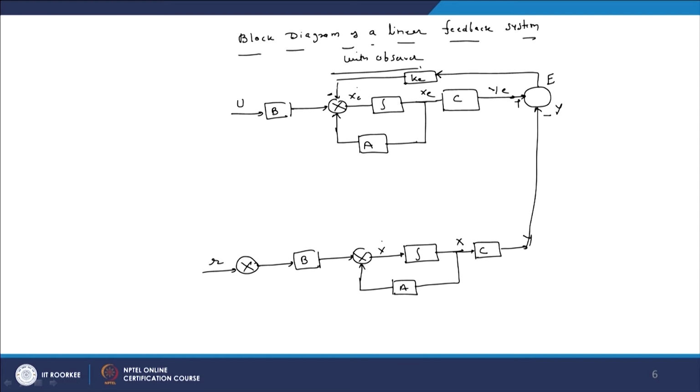Now this state xc we have to move through the controller Kc, coming here, and this input u is the same, coming like this.